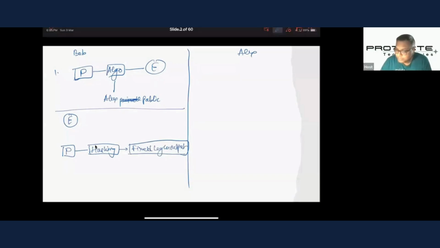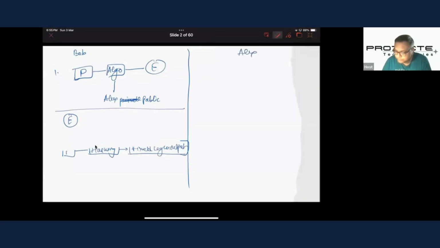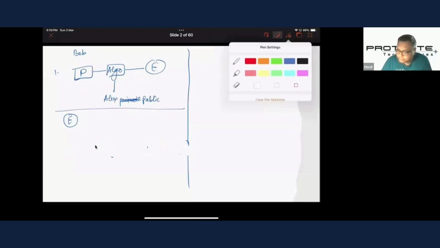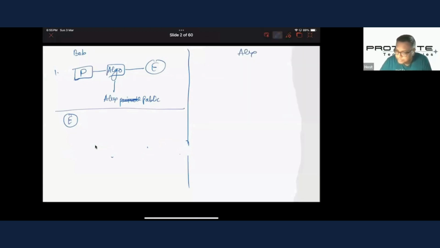Now, once he got the hash, he attaches the hash of the plain text with the message, and encrypts it with his private key. Not the message, only the hash.